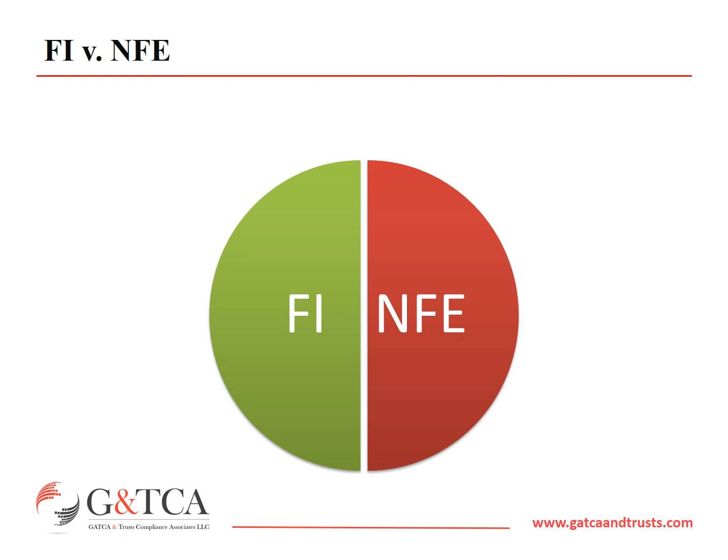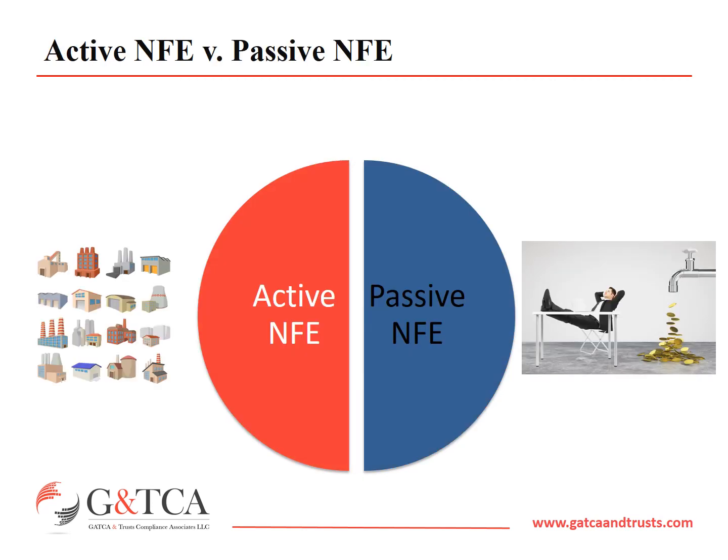Notice that the word foreign is dropped. So an FFI under FATCA becomes an FI under CRS, and an NFFE under FATCA becomes an NFE under CRS. Similarly, just as under FATCA, CRS divides NFEs into two categories, active NFEs and passive NFEs.